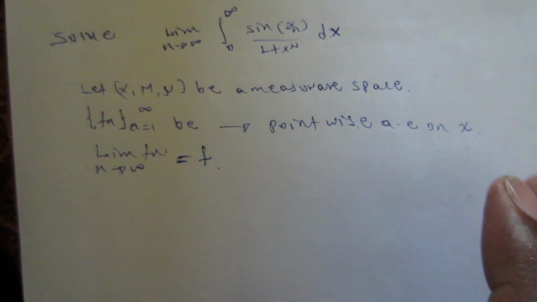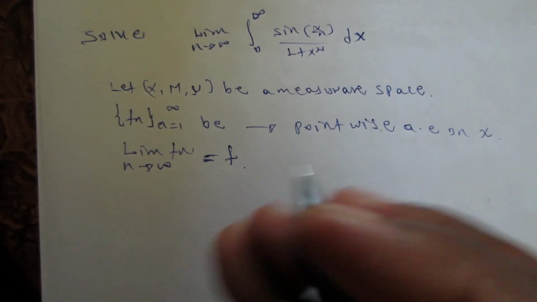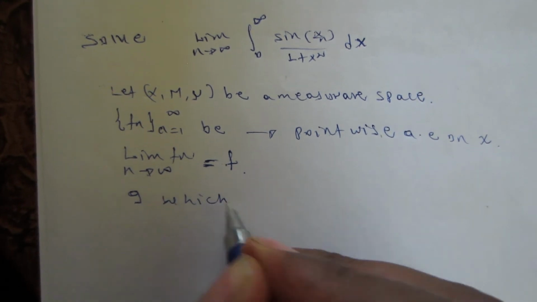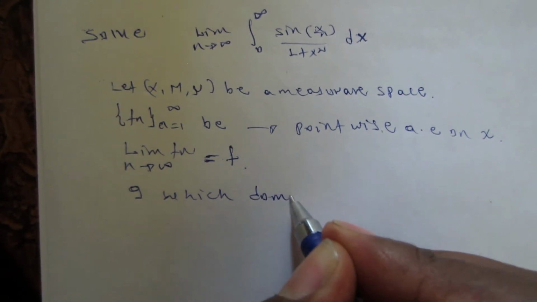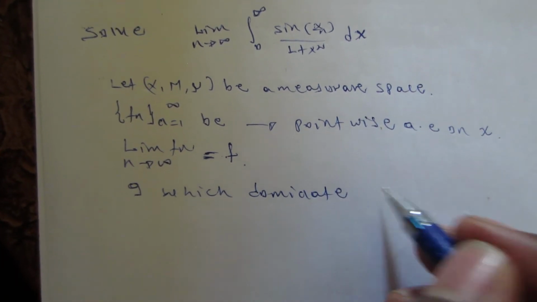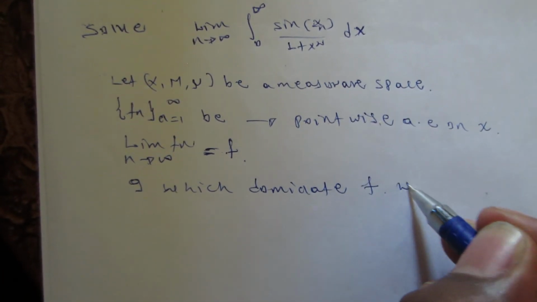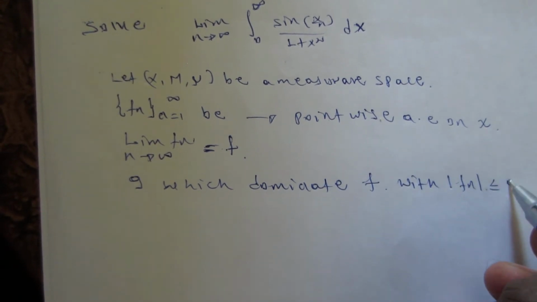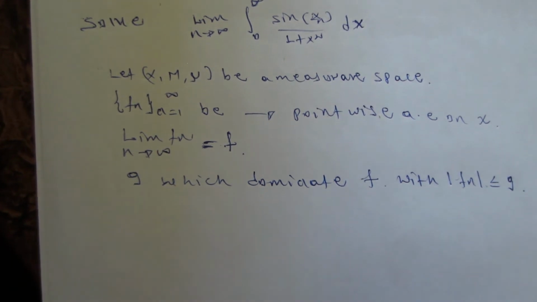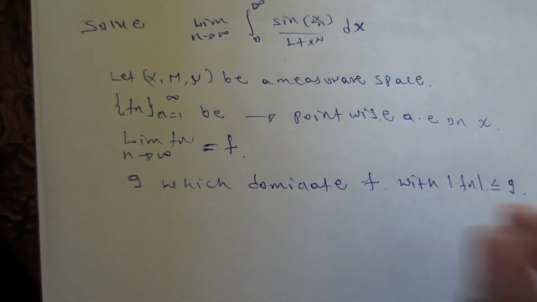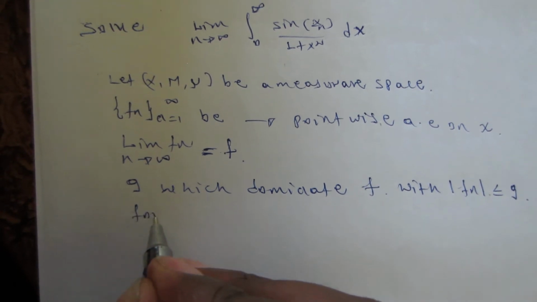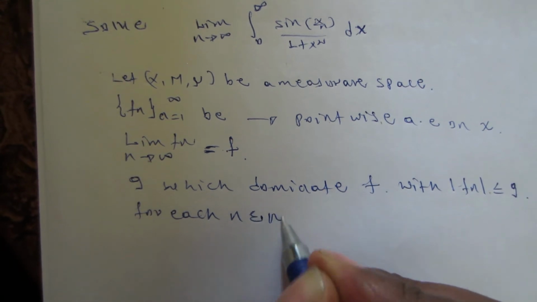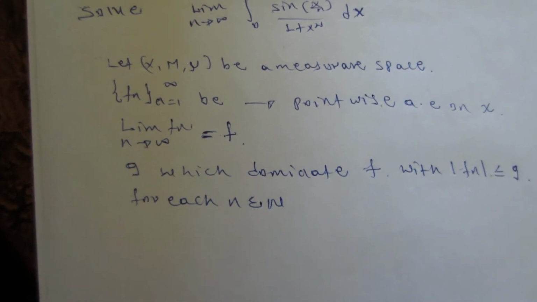With this we have an integrable function g which dominates f_n, with the absolute value of f_n less than or equal to g, for each n, an element of the natural numbers. Then we have the following two propositions.